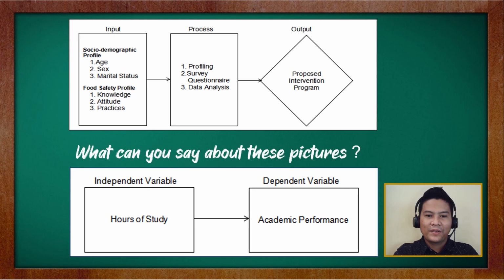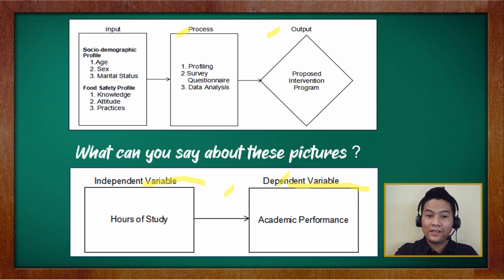Alright, you may say that you've noticed boxes. You may also say that each box has a label, like this one. We have here independent variable and dependent variable.